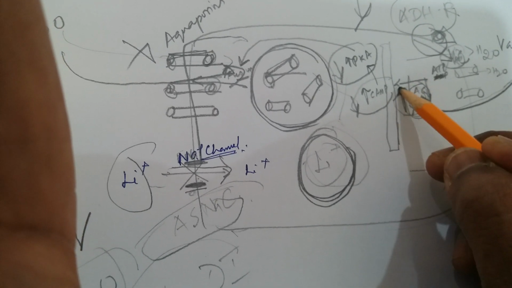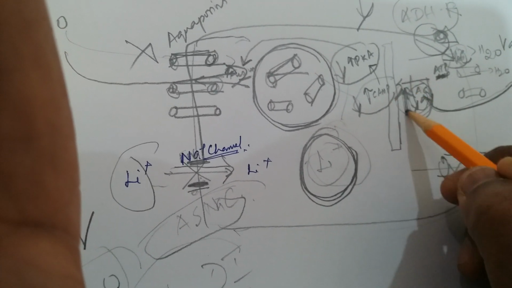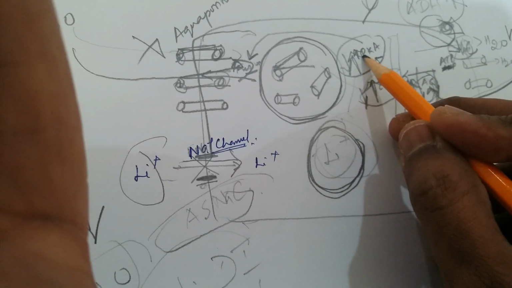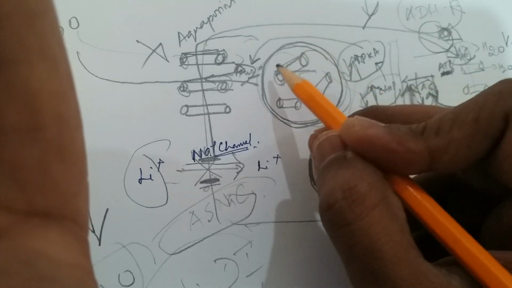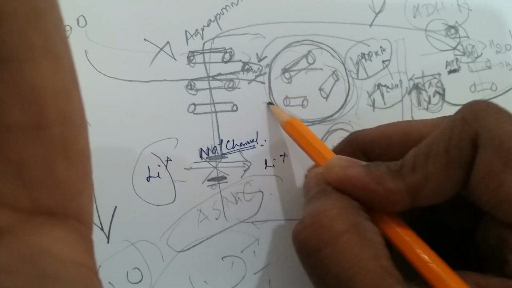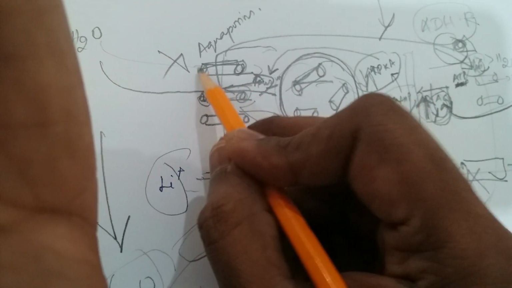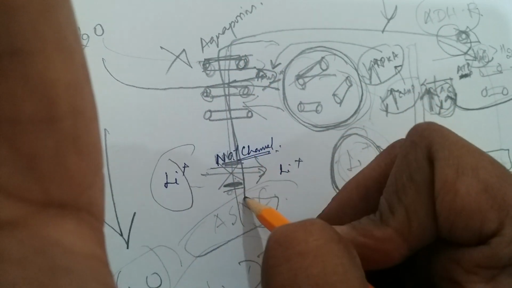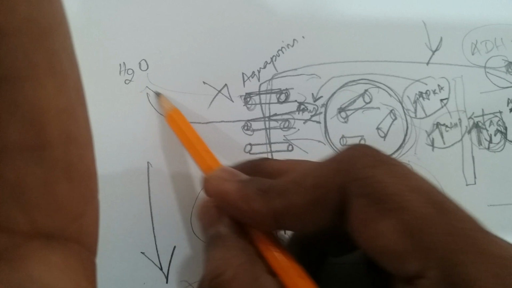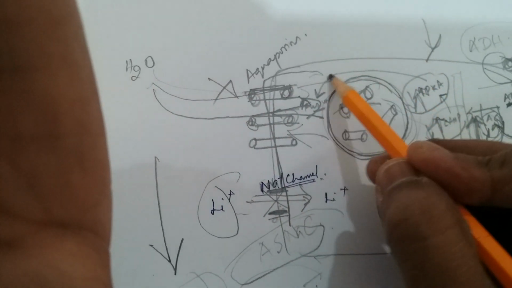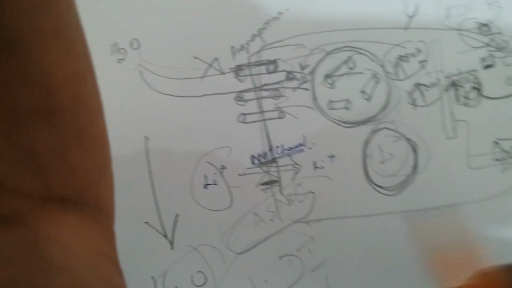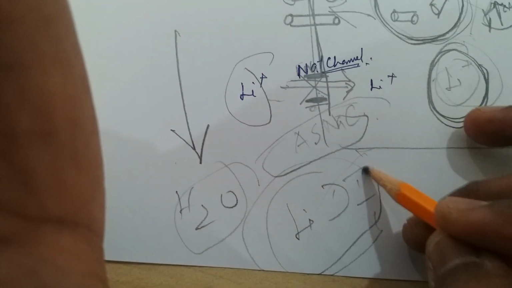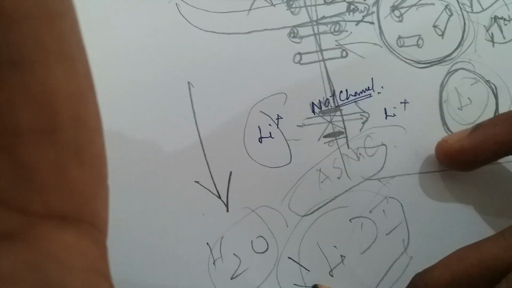So adenylyl cyclase as usual gets activated, cAMP increases, protein kinase A increases, docking of these aquaporin vesicles happens normally, and the aquaporins are stationed at the luminal membrane, and water is able to get absorbed as usual, and the symptoms of lithium induced diabetes insipidus decrease.